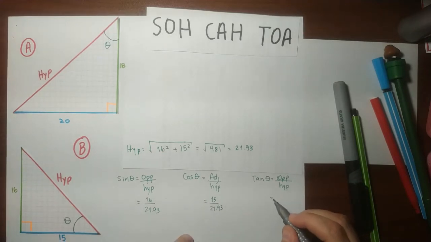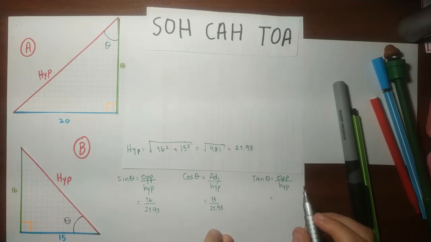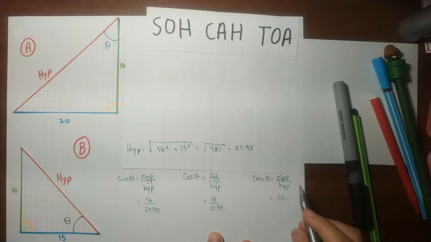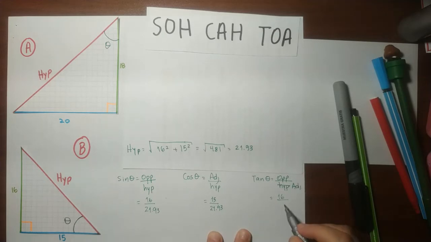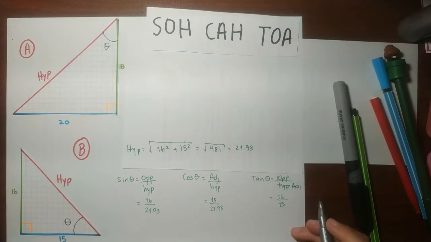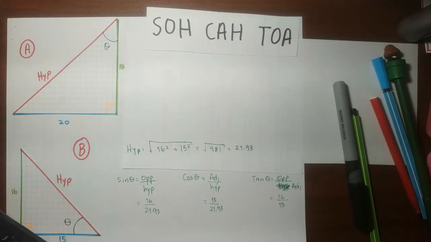And the tangent of the angle is opposite, which is 16, divided by adjacent, that is 15. Now take a look right here. Pay attention to this. So do the math and you get your answers.